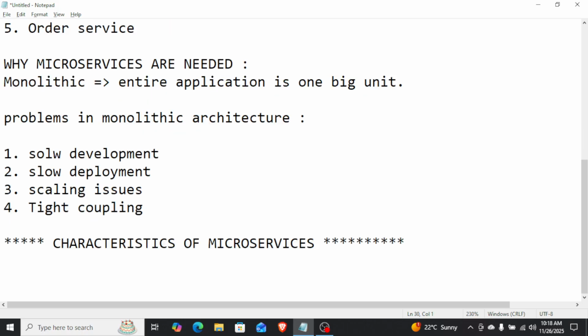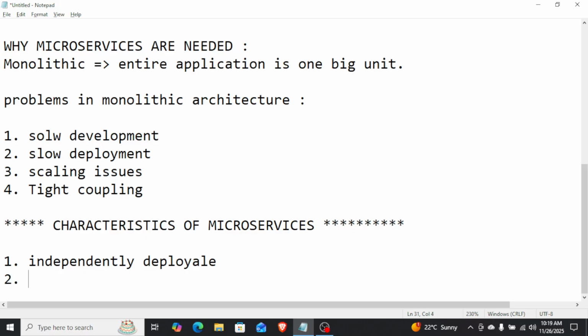One characteristic is independently deployable. The other one is decentralized data management.